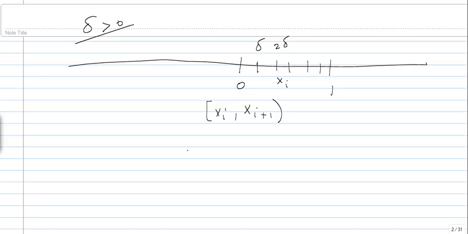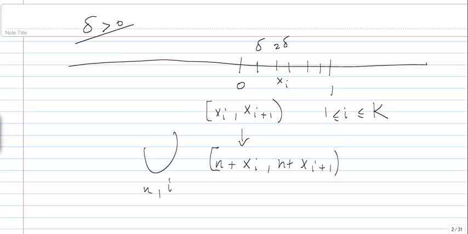Now what you do is consider a translation of them by taking plus n. So you take n plus the xi's, where these i's are between 1 and k. Now you consider these intervals n plus xi to n plus xi plus 1, and you take the union of all this over n in Z and i between 1 and k.